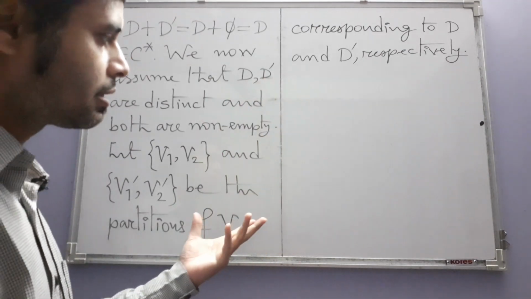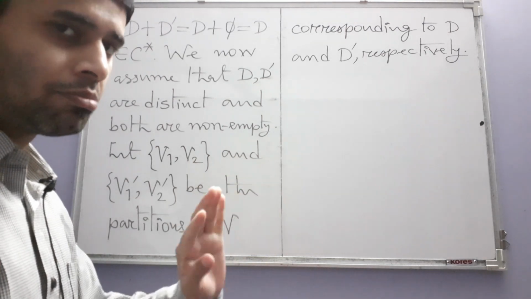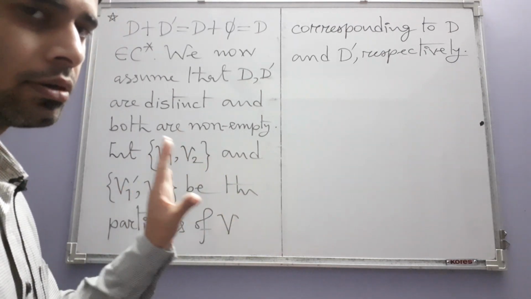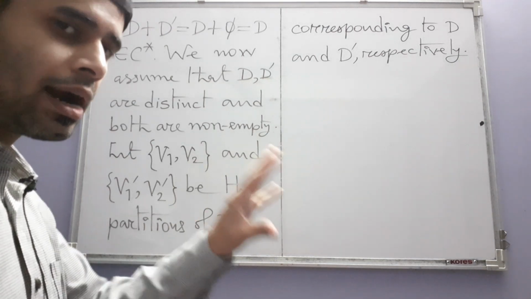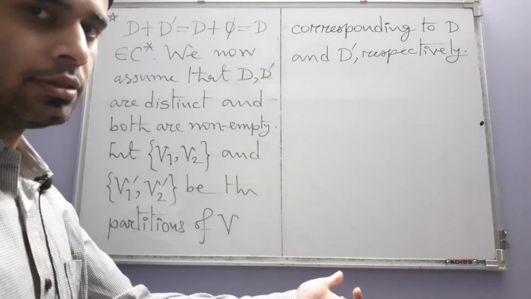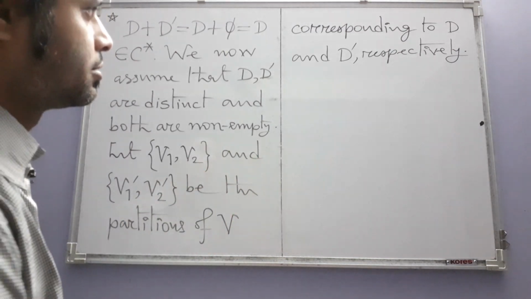Remember, each cut is after all a set of edges. So actually they are vectors in the edge space, because otherwise this whole thing does not make sense.